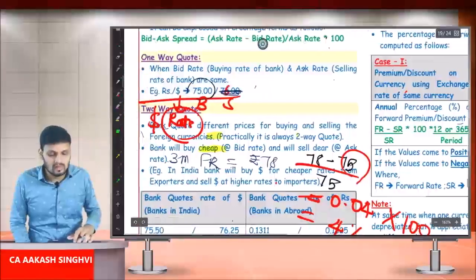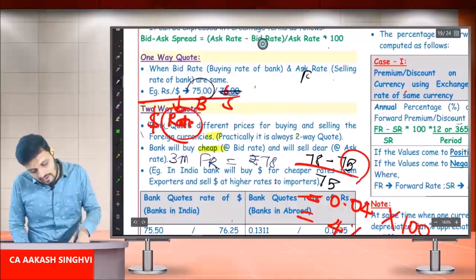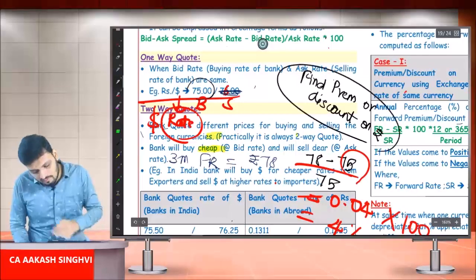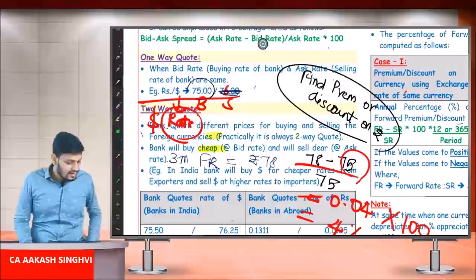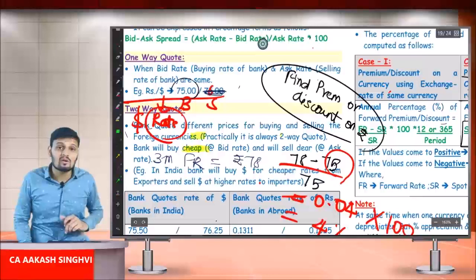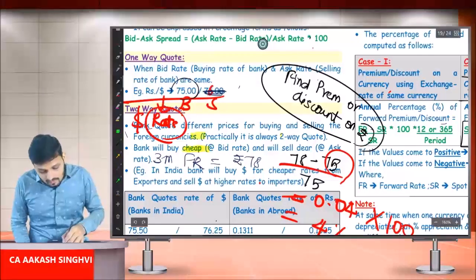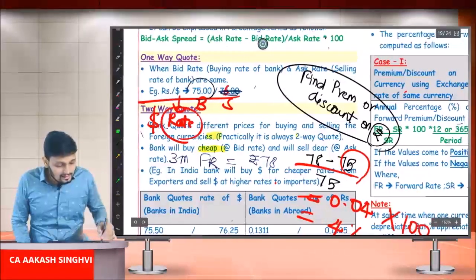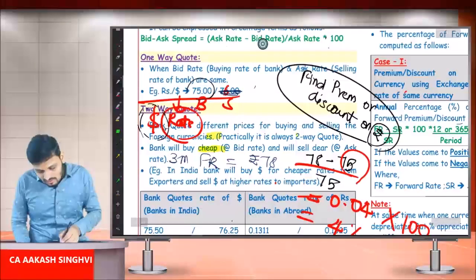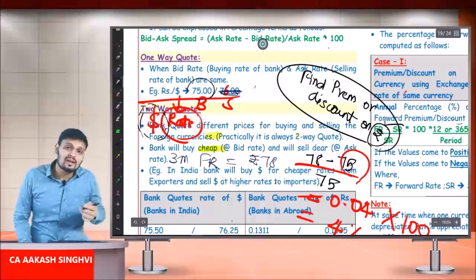Now in the question they have specified: find premium or discount on rupees. In this case, what are we going to do? We have to find it on rupee, but the rate given is for dollar. The rate is of the opposite currency. Home currency is rupee, opposite currency is dollar.